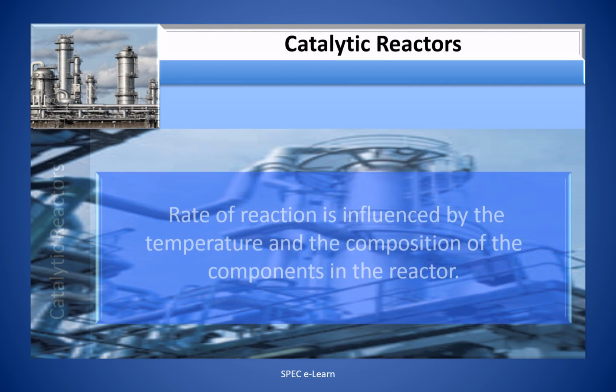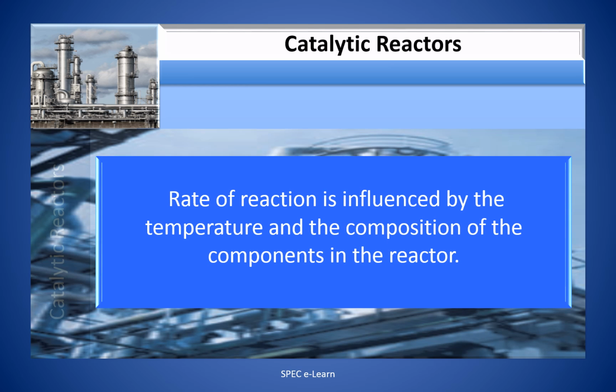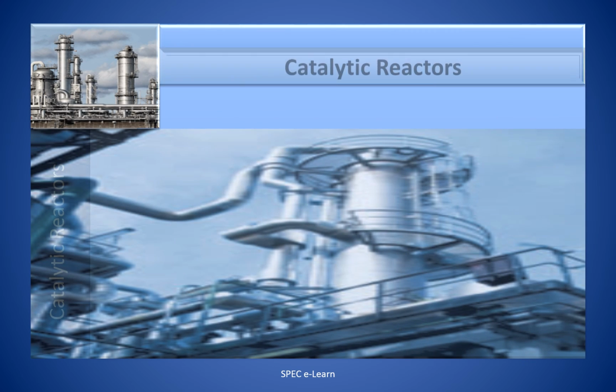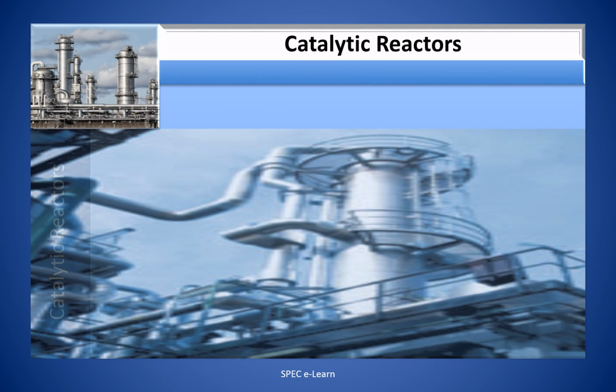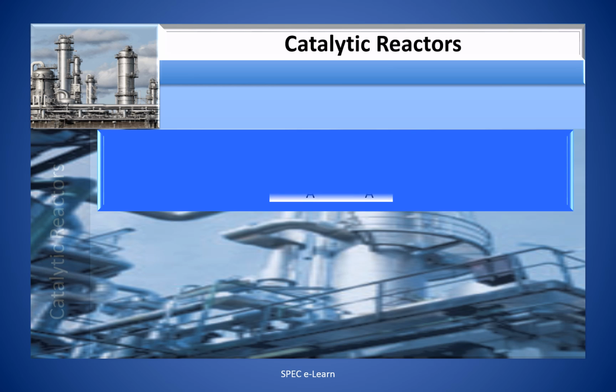Rate of reaction is influenced by the temperature and composition of the components in the reactor, as we discussed in the earlier courses. The reaction rate with respect to the reactant A is given by the expression minus rA equals k times concentration of A, CA to the power m, where m is the order of the reaction.